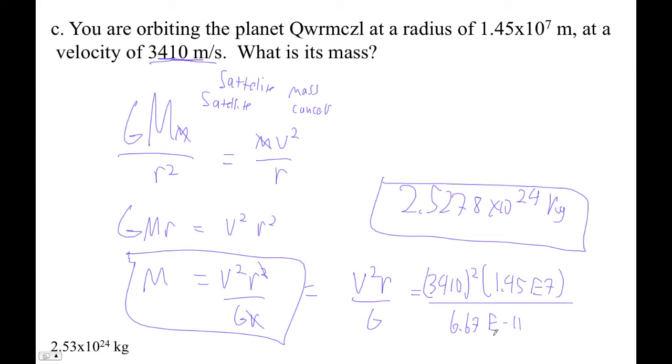Okay. Right now I'm just going to look at the units here. So we've got meters per second squared in the numerator times meters divided by Newton meters squared per kilogram squared. That's interesting, right? So that is the same as kilograms times meters to the third over seconds squared, kilograms squared over Newton meters squared.